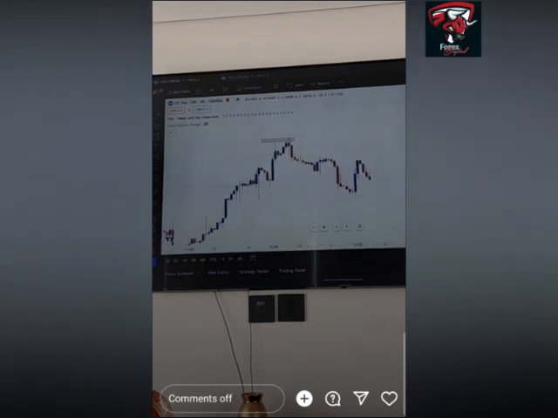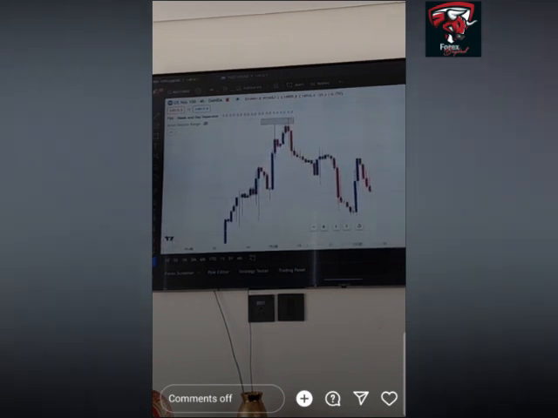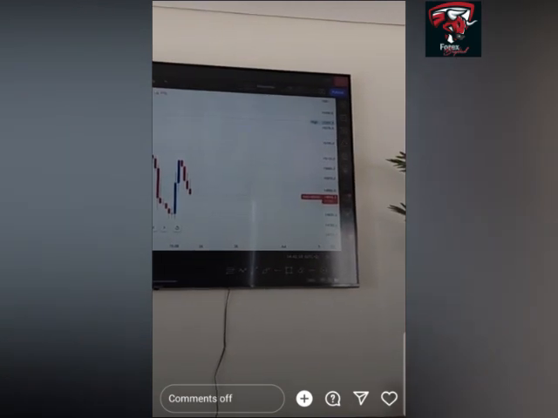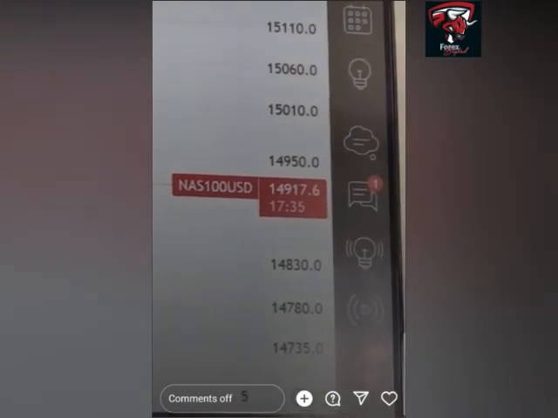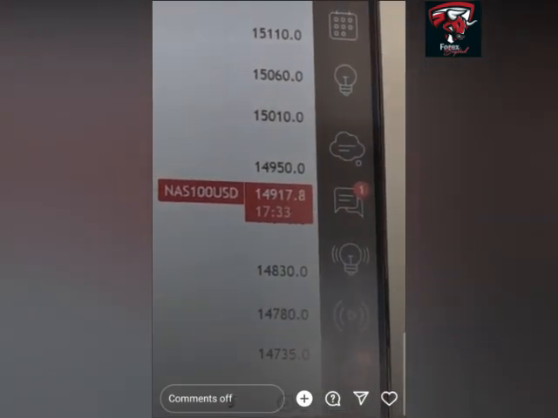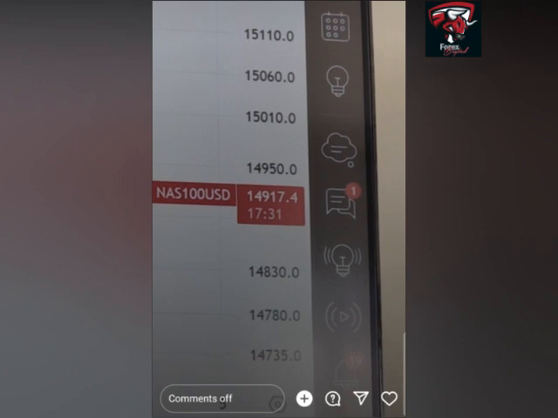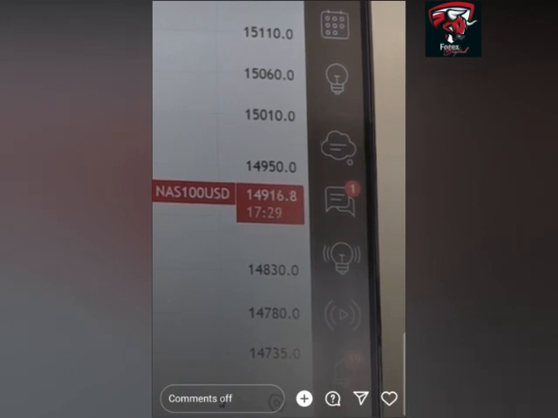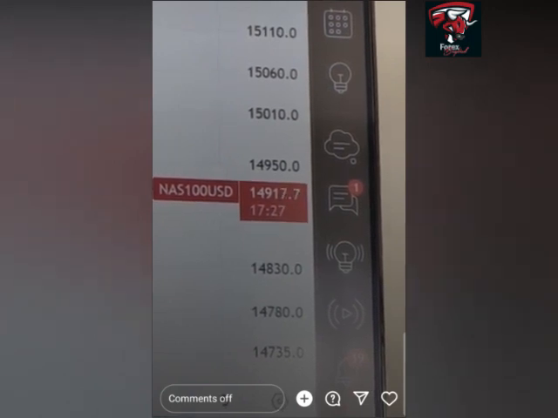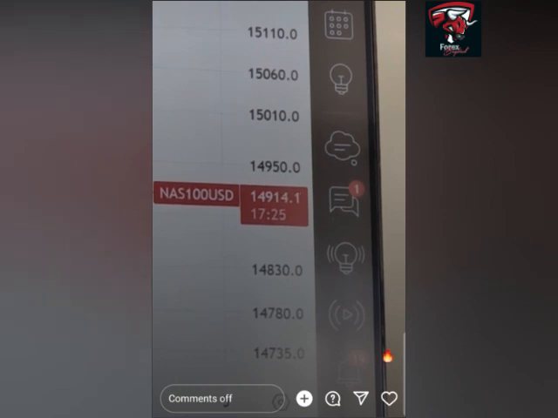You can then see that if we look at the side over there, this is now going to show you when the next candle is going to open up. So we're running down this candle, so we've got 17 minutes and 26 seconds before the next candle opens.